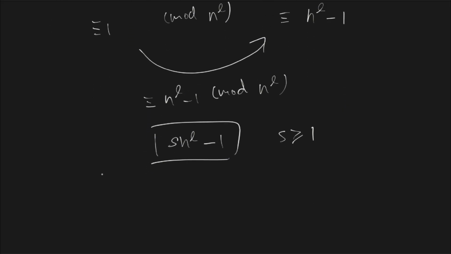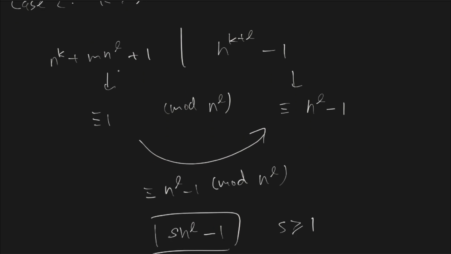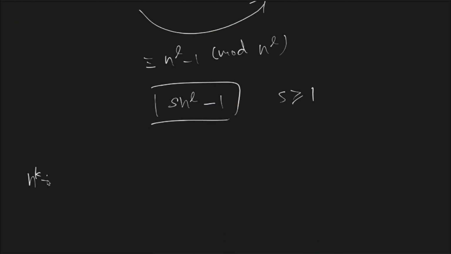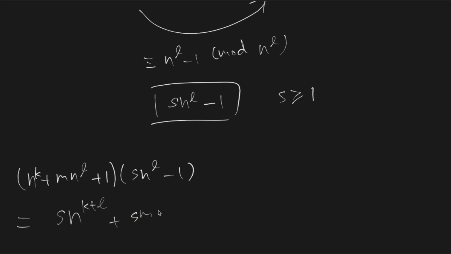So similarly, we can just multiply the thing out again, and we should get n to the k plus m n to the l minus 1, or plus 1, times s times n to the l minus 1. This is equal to s times n to the k plus l plus sm n to the 2l plus s times n to the l minus n to the k minus m times n to the l minus 1, and this should eventually be equal to n to the k plus l minus 1.